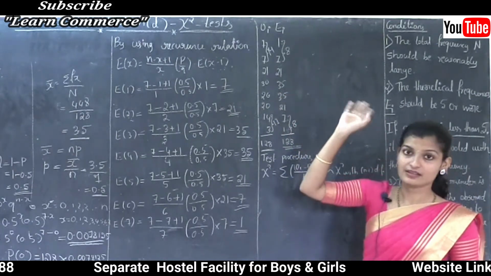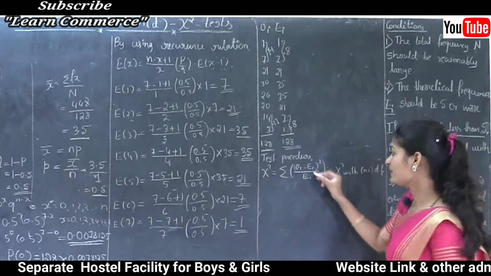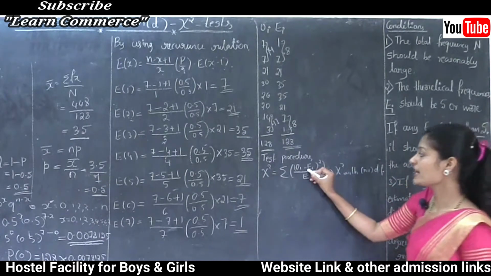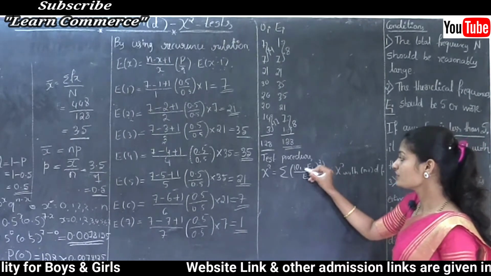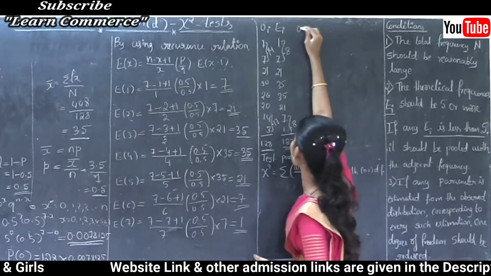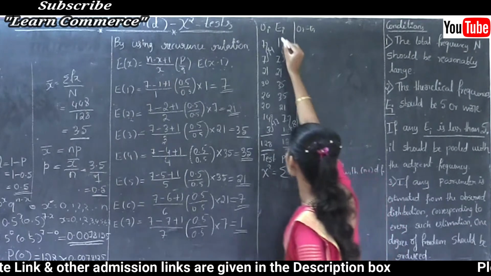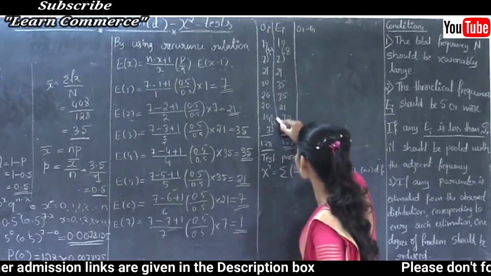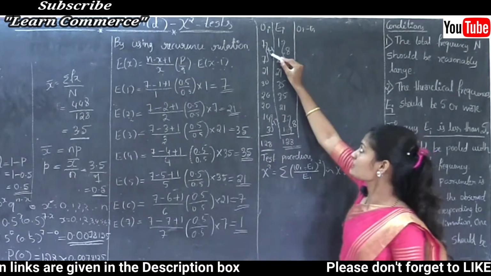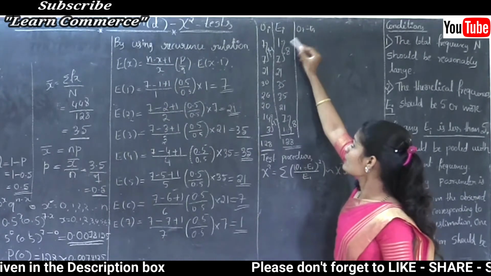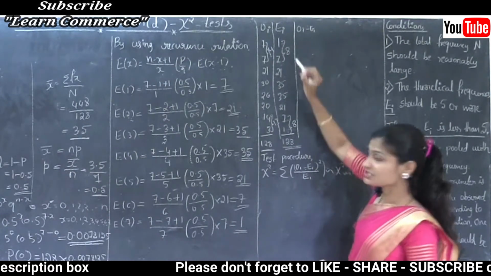Next, based on formula, we need to find OI minus EI whole square. So first I will find OI minus EI. See here the first observation, OI observation 14, EI observation is 8.